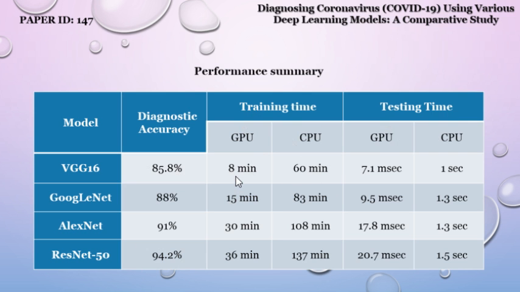This is a big difference between the CPU and the GPU. The CPU is serial processing and the GPU is parallel processing, as we said earlier.